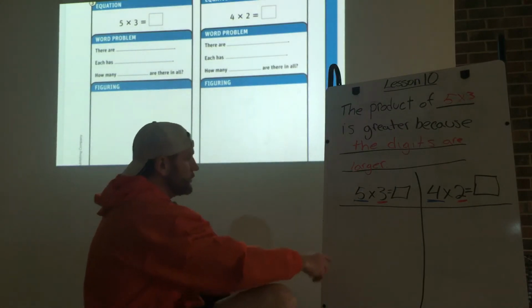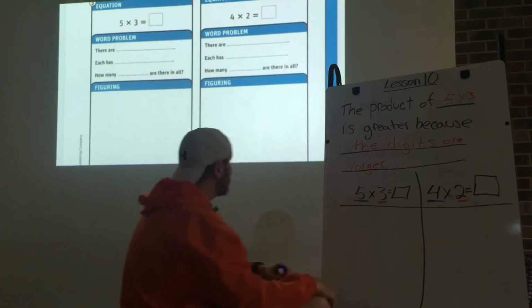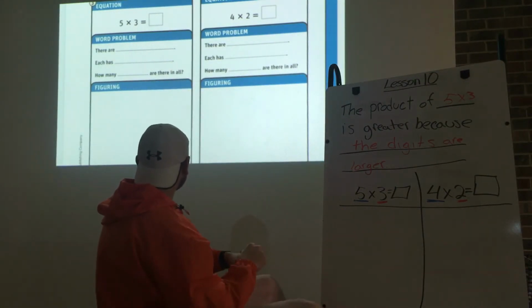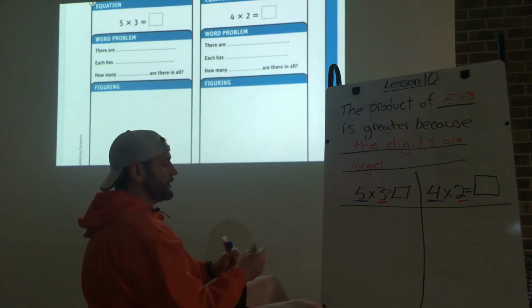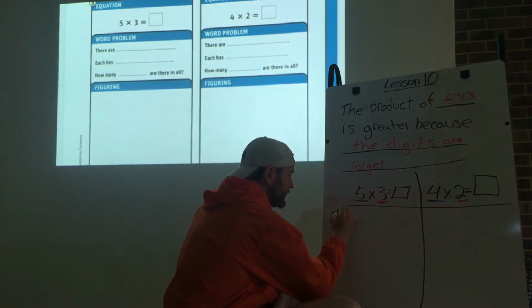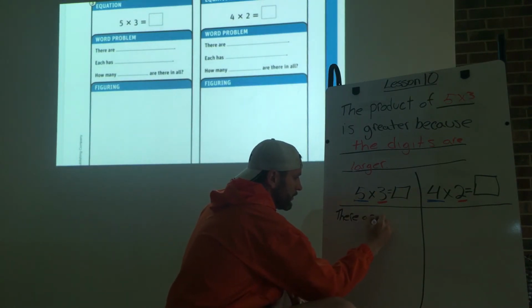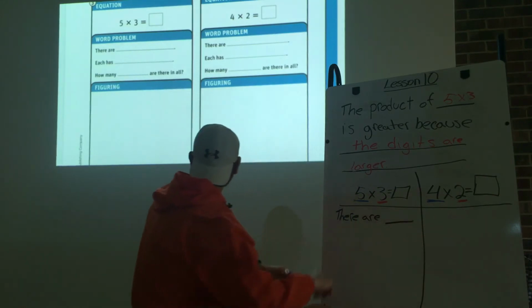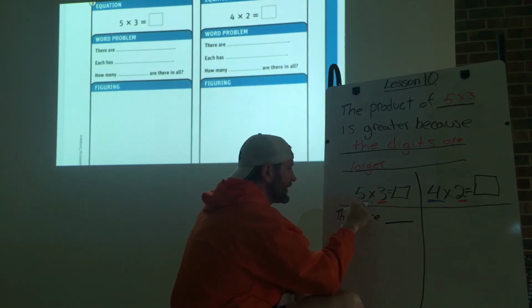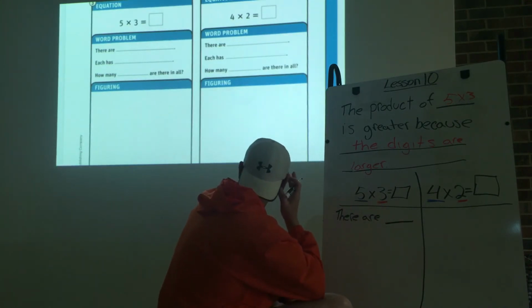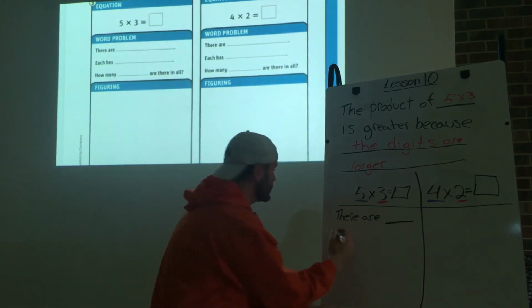So, I'm going to take 5 times 3. It says there are blank. Each has blank. How many blank are there in all? All right, so this is what we got. There are blank. So, there are what? What can we do to create this word problem?